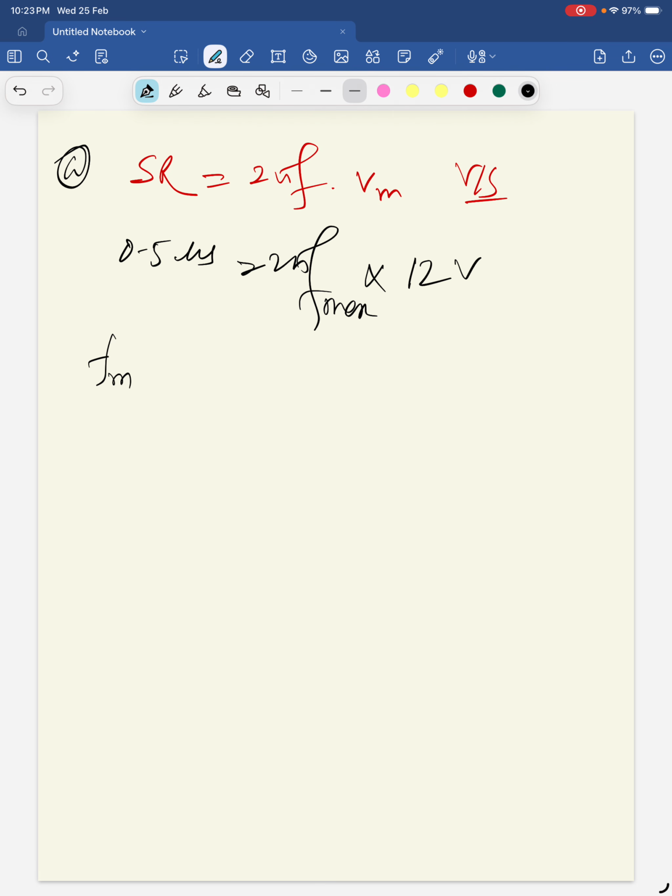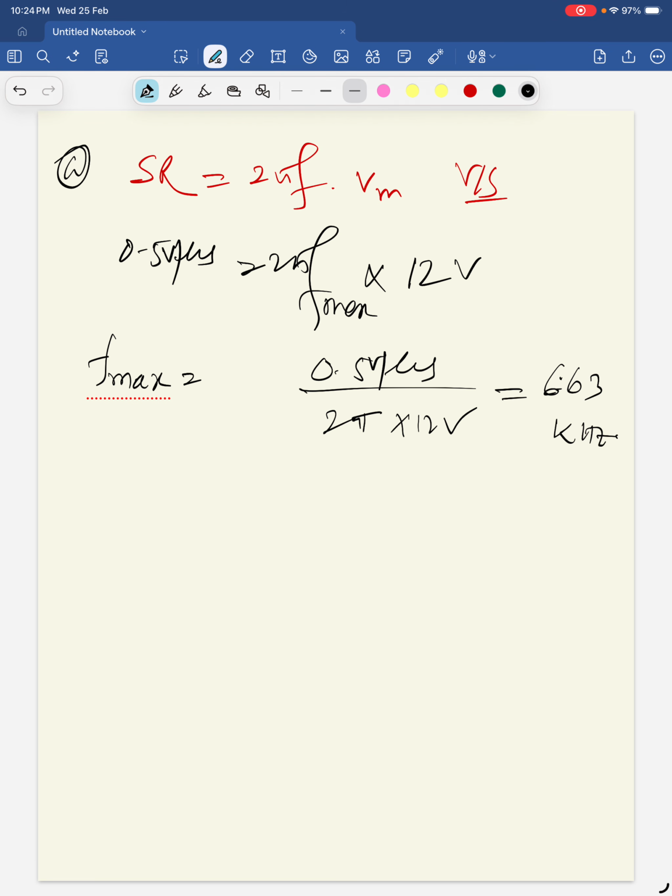So f max is equal to 0.5 volt per microsecond divided by 2 pi into 12 volt. If we calculate all those parts, f max will come out 6.63 kilohertz.